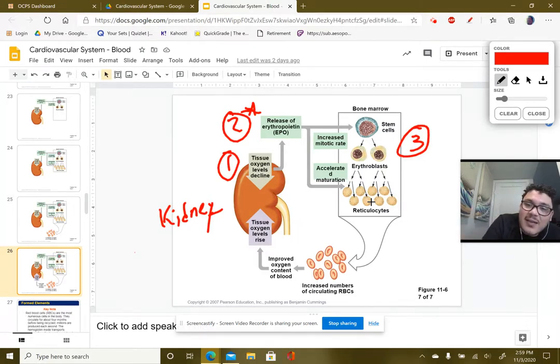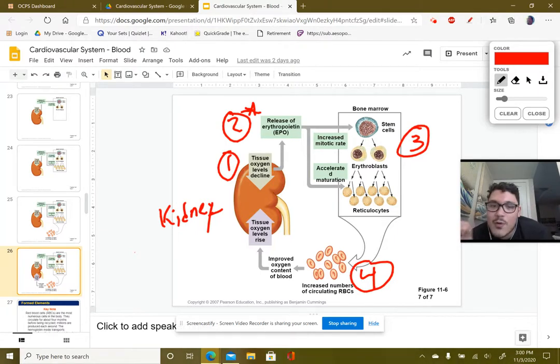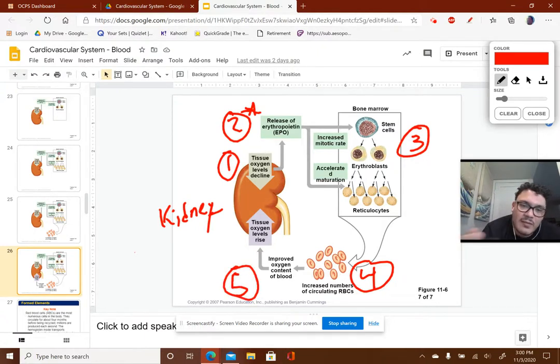That is going to lead to step 4, which is what we see here, which is an increased number of red blood cells now in the blood. And finally, because you have an increased number of red blood cells, we reach stage 5, you increase the level of oxygen in the blood, thus increasing the level of oxygen in the kidneys. There's technically a stage 6. I just don't have it written down.